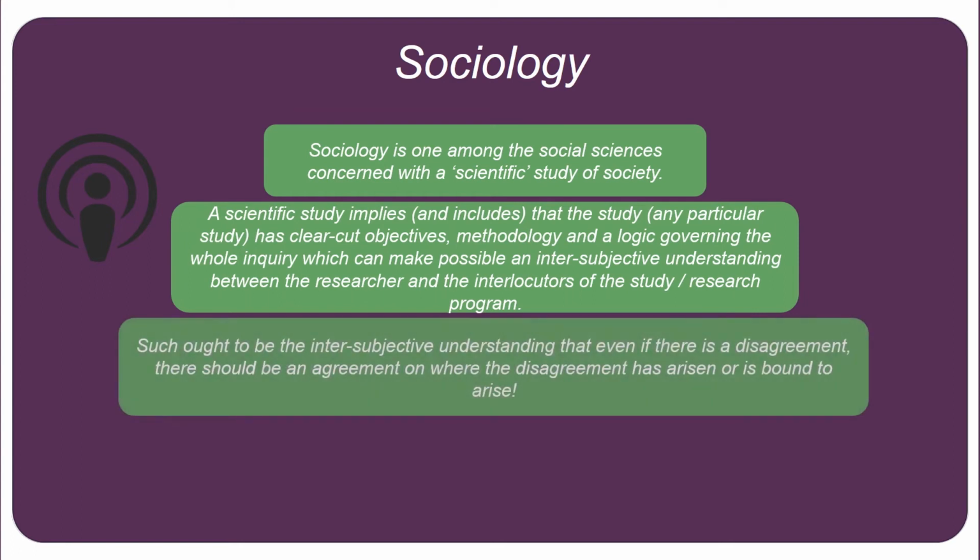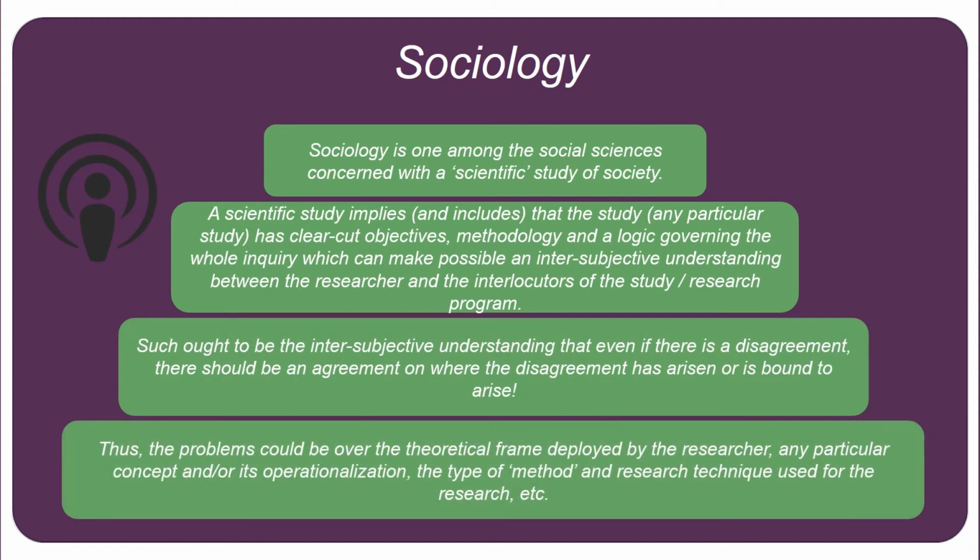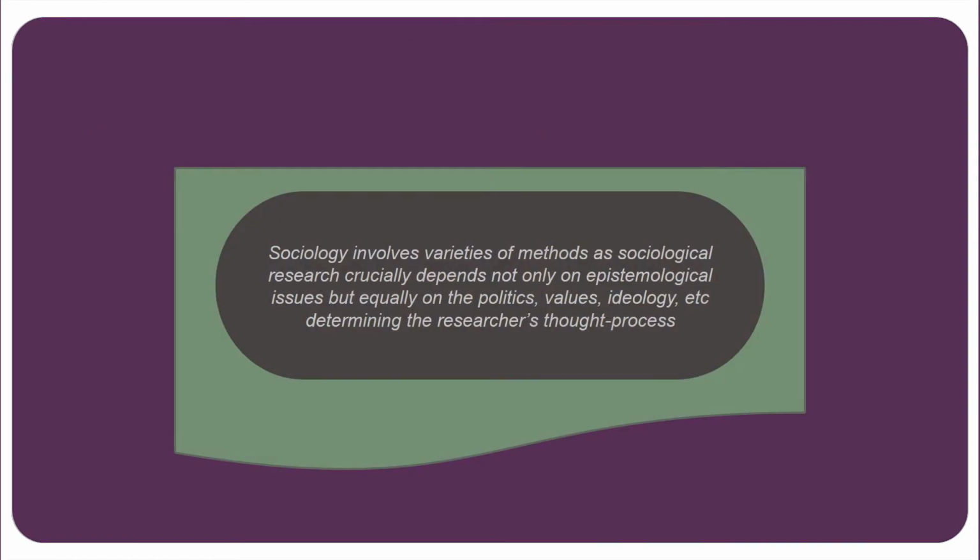Such ought to be the intersubjective understanding that even if there is a disagreement, there should be an agreement on where the disagreement has arisen or is bound to arise. Thus, the problems could be over the theoretical frame deployed by the researcher, any particular concept or its operationalization, the type of method and research technique used for the research, etc.